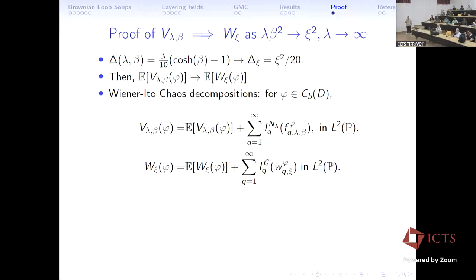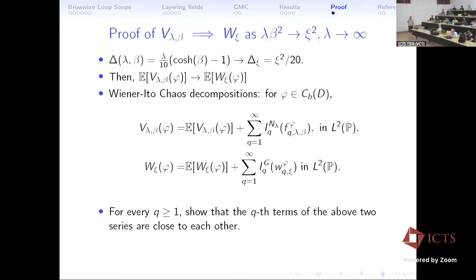The next step of the proof uses the Wiener-Ito chaos decomposition. Fortunately, I can write down v lambda beta as this infinite series, and w psi of phi as this infinite series.